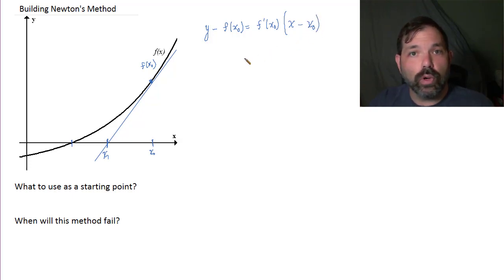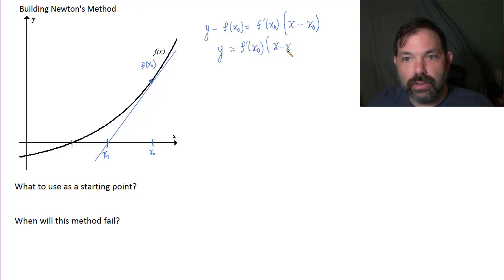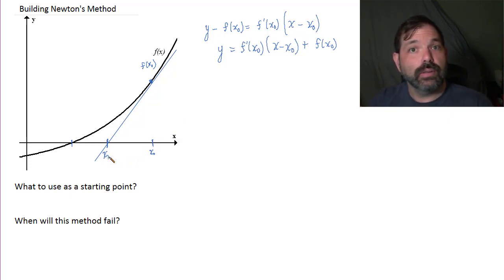That's just the point-slope form of the equation of a line through the point x0, f of x0, with slope f prime of x0. That's the equation of the tangent line. This is the same as y equals f prime at x0 times x minus x0 plus f of x0. Now x1 is the x-intercept of this line, so let's find the x-intercept.